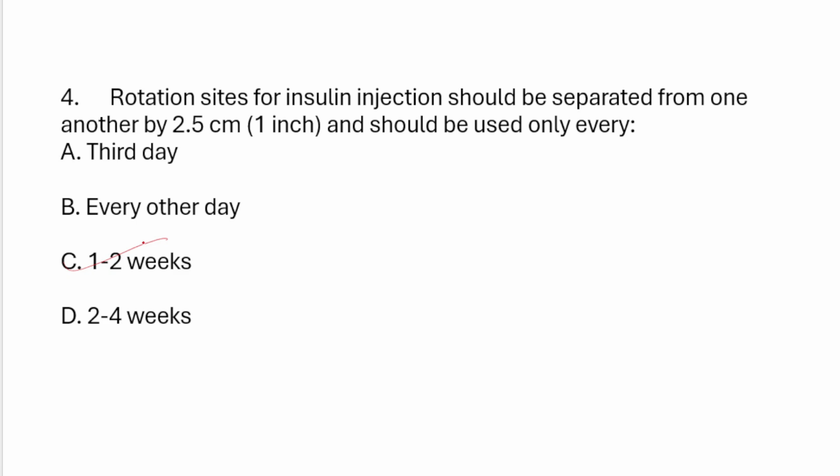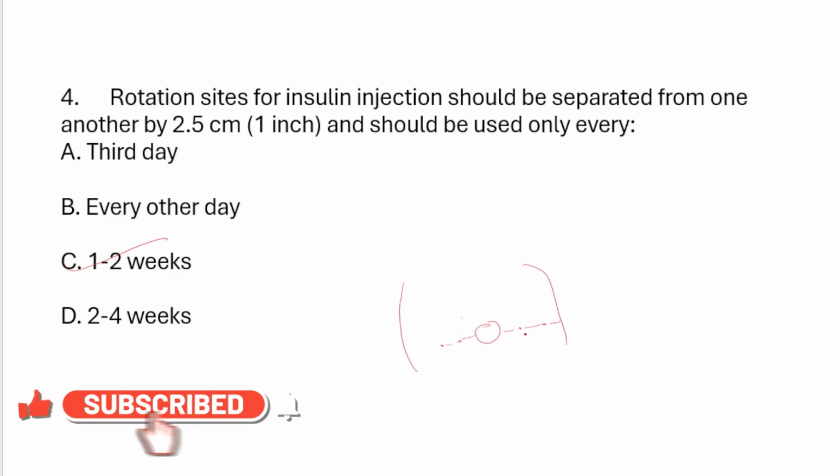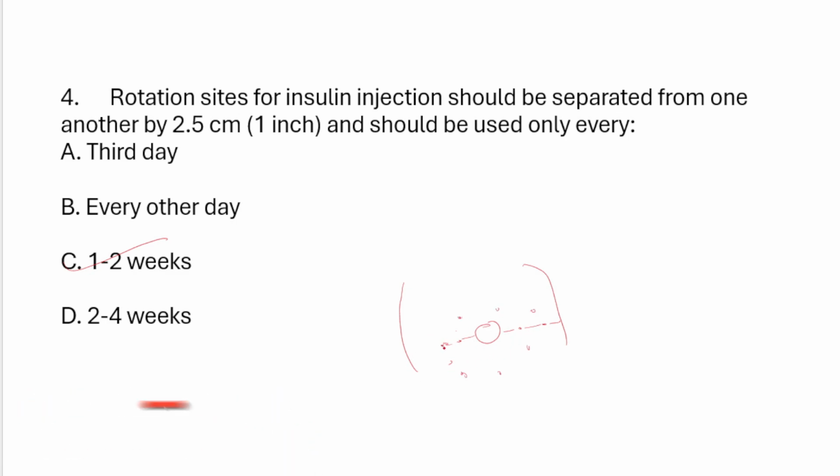See, if this is the abdomen, we use sites 1 to 2 inches apart, then 1 to 2 inches again. Here we have to see the rotation of the insulin site. This is the first day we gave, second day, third day, fourth day, fifth day, sixth day, seventh day.